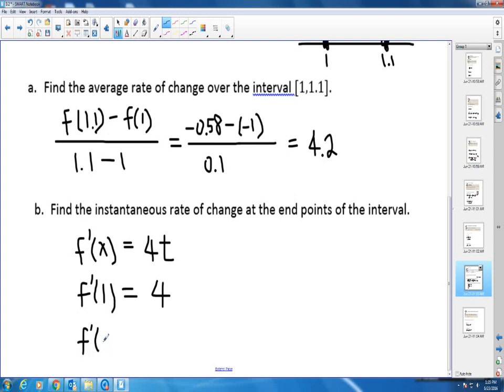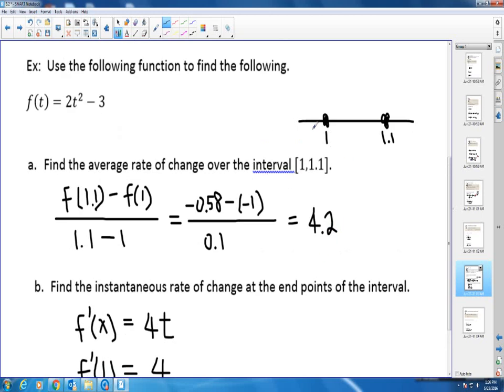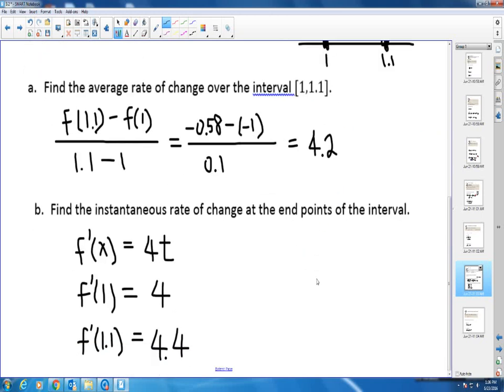If I evaluate at the other endpoint 1.1, 4 times 1.1 will be 4.4. This is my instantaneous velocity at time 1 and at time 1.1. And the 4.2 is my average velocity during the entire time period. That's the difference.